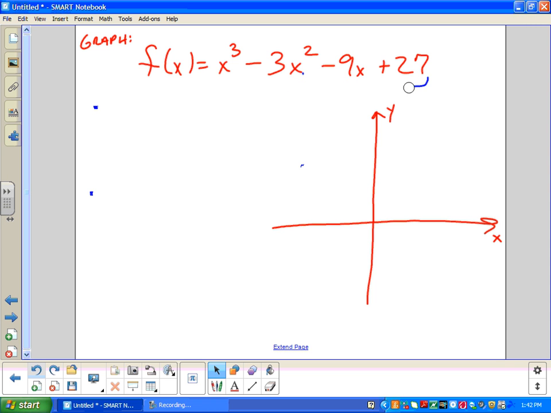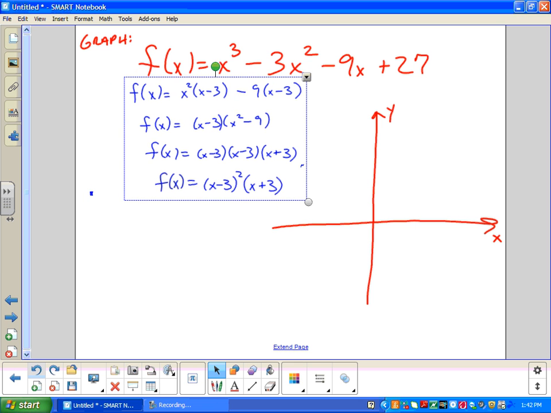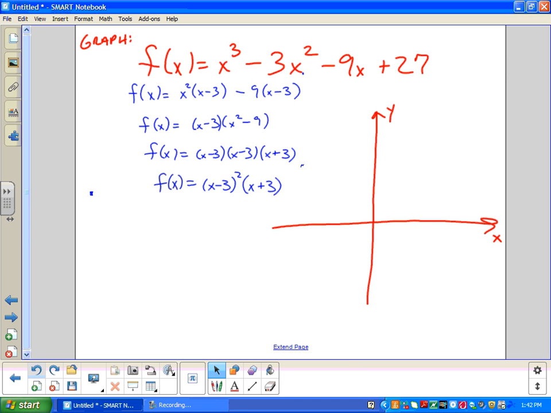So when we have these big 4-term polynomials, we can usually find some number. And now, think about it. You've got junk here minus junk here. Well, what's common in two junks?